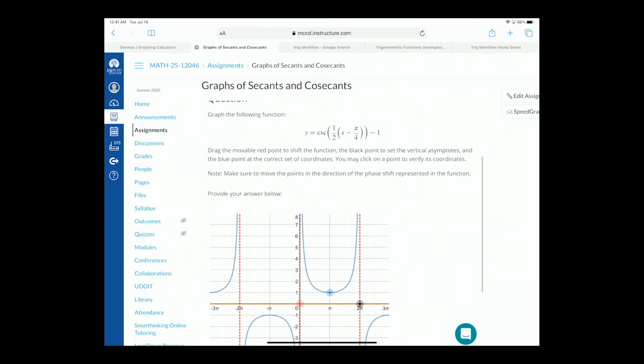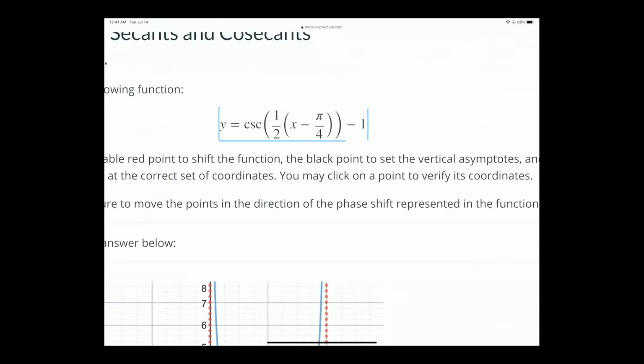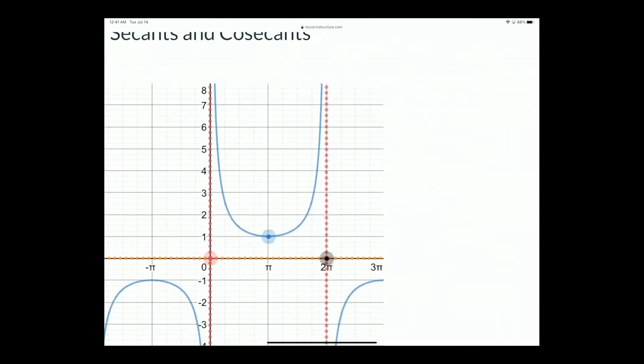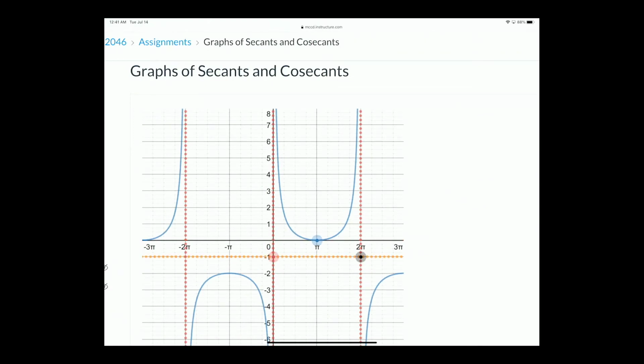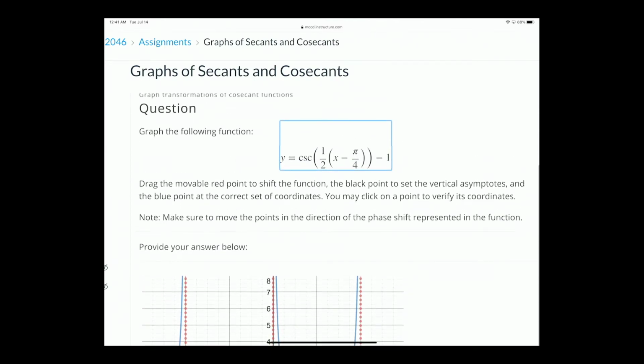Now that's right. Another thing I see is that outside there's a -1. That means down by 1. So I could take this and move it all down by 1. Now the last thing is the pi over 4. The pi over 4 is the shift left or right, and the way they're writing it is a little bit annoying.